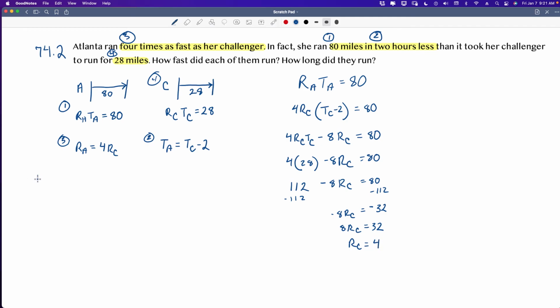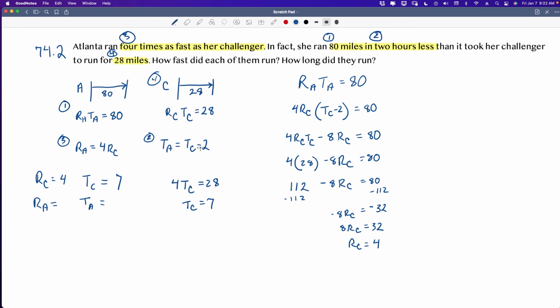All right, so I can start putting my information over here. RC is equal to 4. TC is equal to what? I don't know. RA is equal to something, and TA is equal to something. So if RC TC is 28, and RC is 4, then I can do 4TC is equal to 28. So that means TC is equal to 7, because 4 times 7 is 28. So that is solved for me.